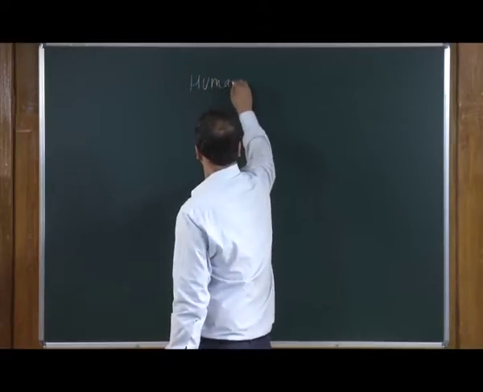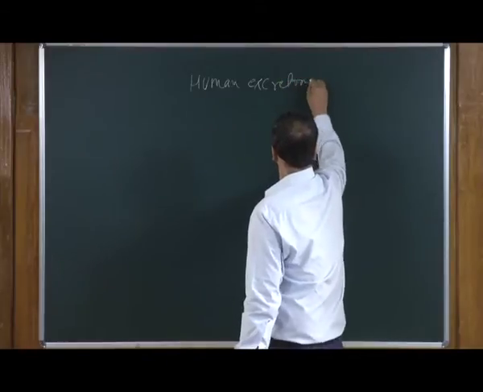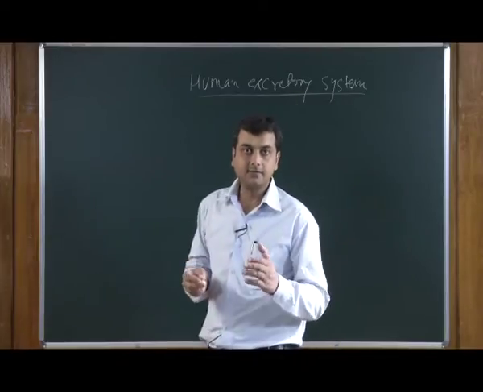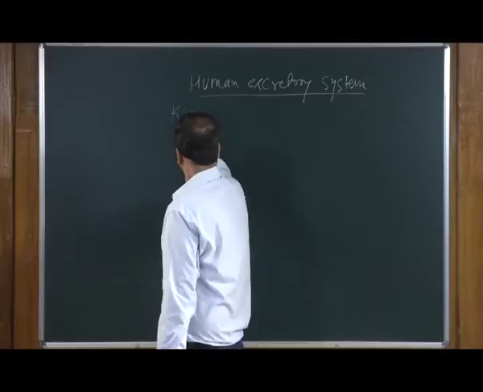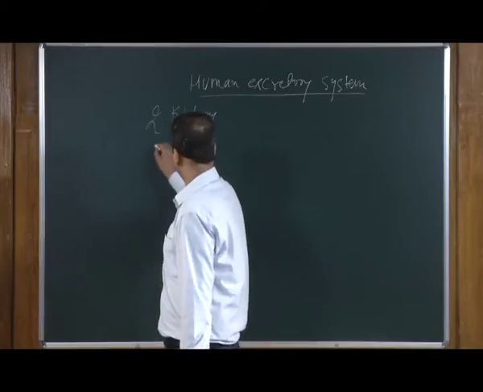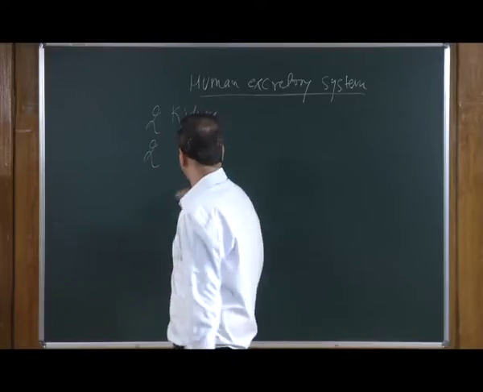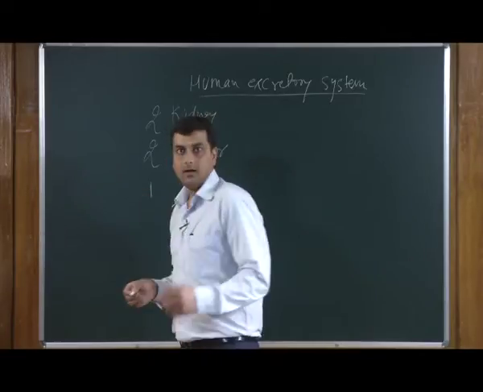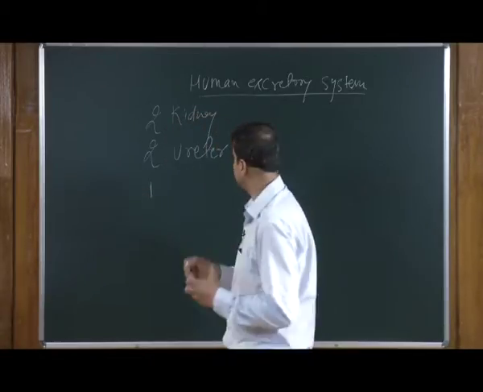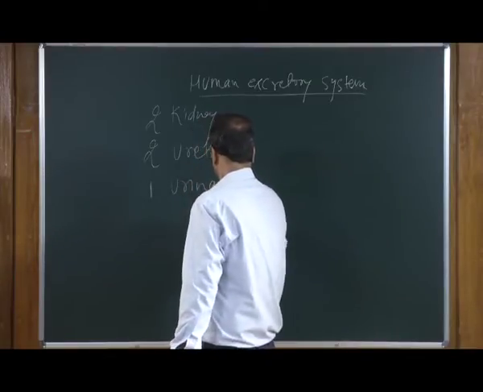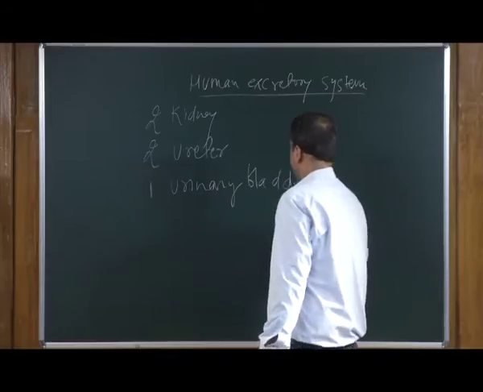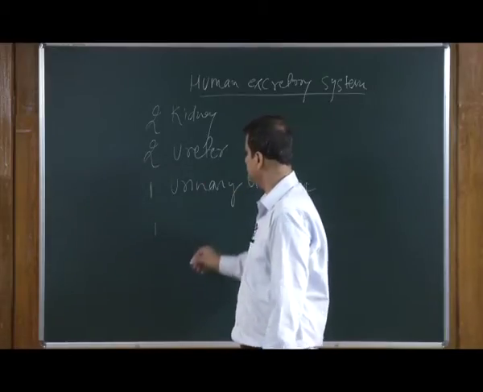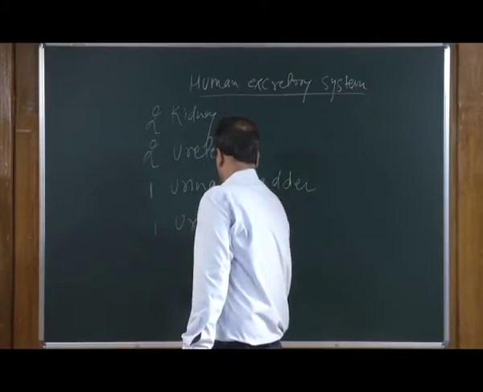Let's see the human excretory system as such. This human excretory system comprises a pair of kidneys, a pair of the ductal system we call ureters, a bladder where the urine is stored, which we call the urinary bladder, and a final opening that gives specific drainage to the urine, and that is the urethra.